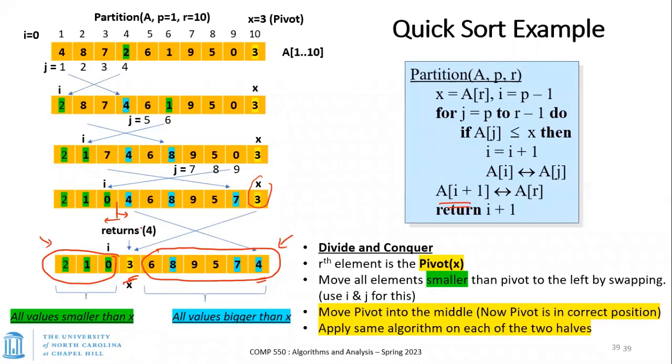This guy has looked on the right and found everybody is bigger, and everybody on the left side is shorter, so this particular person knows that this is the right spot. By making the pivot land in the right spot, we've been able to break up the problem into two smaller problems. As long as we can do this recursively again and again, we have our divide and conquer algorithm.